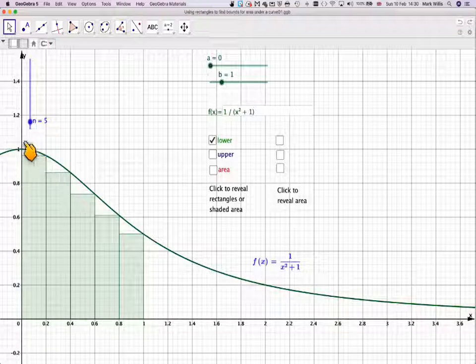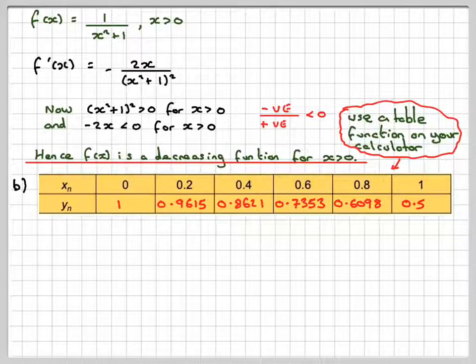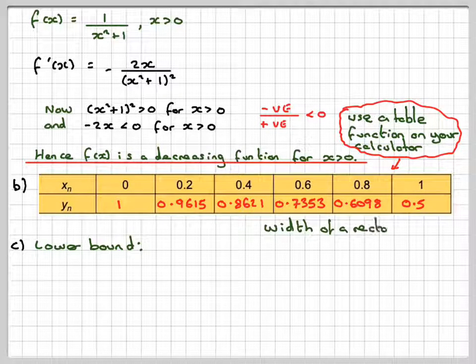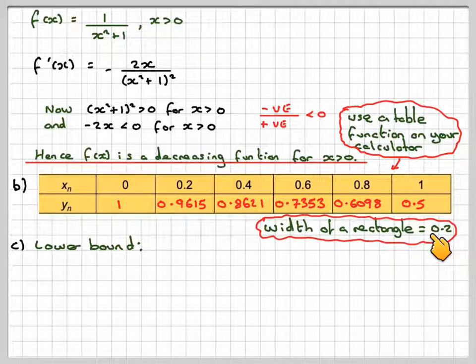So you're going to ignore the first value, and then take the second value in your table, the third value, the fourth value, the fifth value, and the sixth value in your table. We're going to ignore the first value, and this will give an estimate for the lower bound. So the lower bound will be, taking into consideration the width of the rectangle is 0.2.